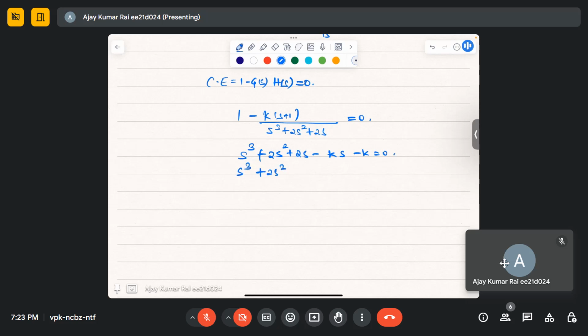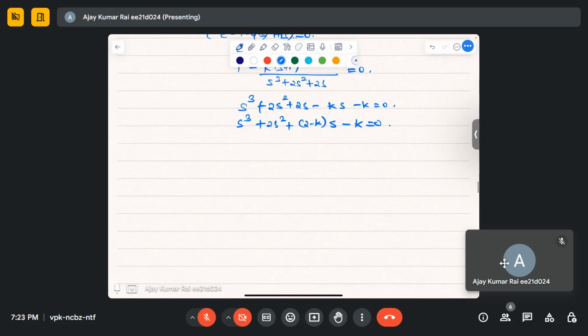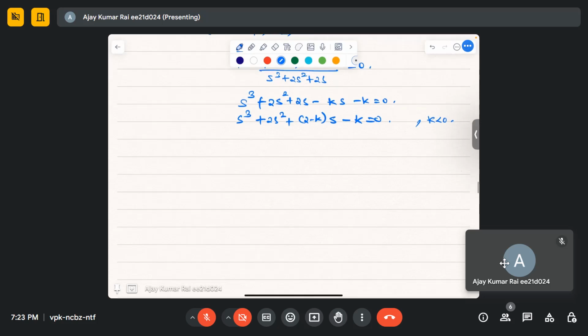So if you club all the terms together, minus k equal to 0. The necessary condition is that k should be negative. K is negative, that we know, so the necessary condition would be met.